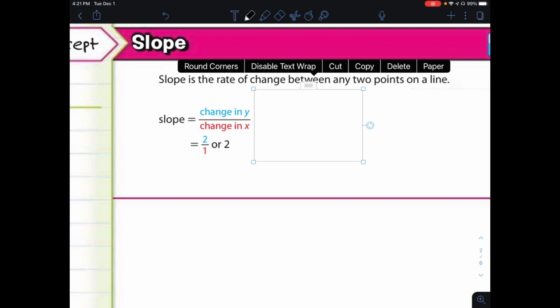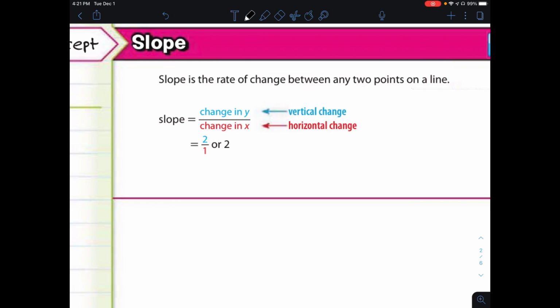So change in y simply means the vertical change, and change in x means the horizontal change.